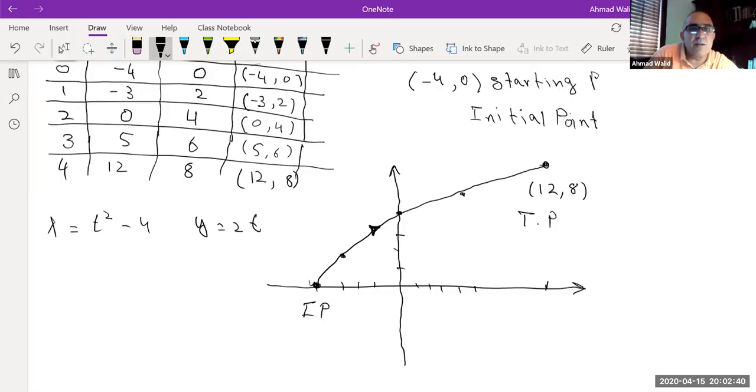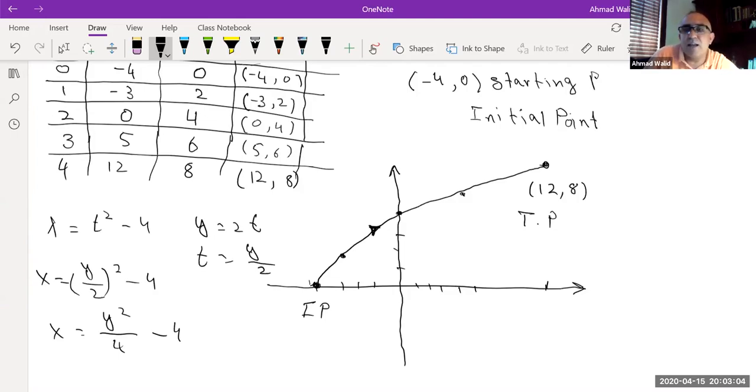If I solve this equation for t, t equals y over 2. Let's plug in this y over 2 here in x. Then you can write x equals y over 2 all squared minus 4. It means x equals y squared over 4 minus 4, a function of x with respect to y.